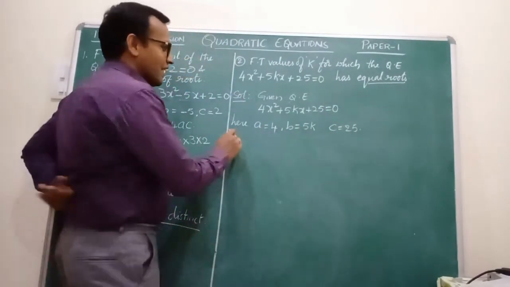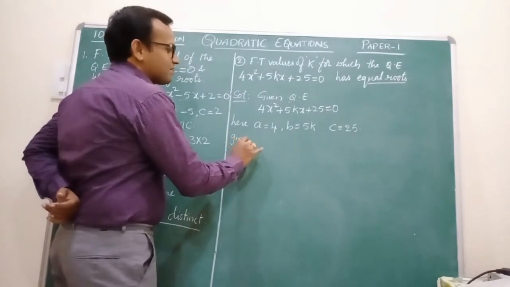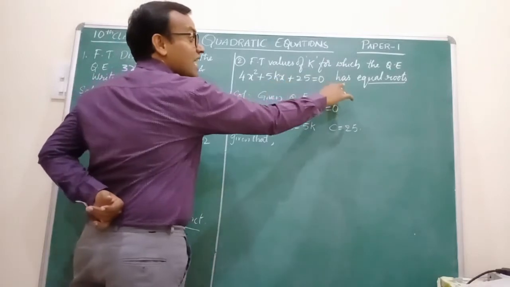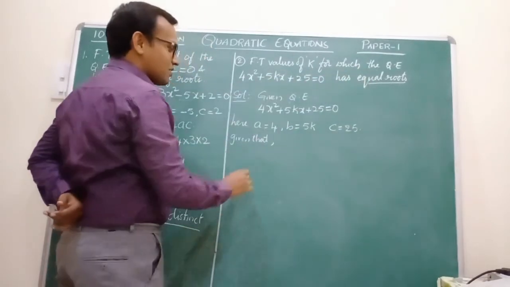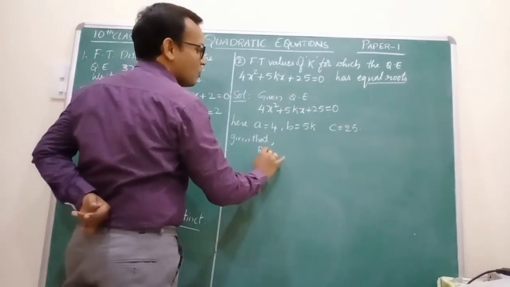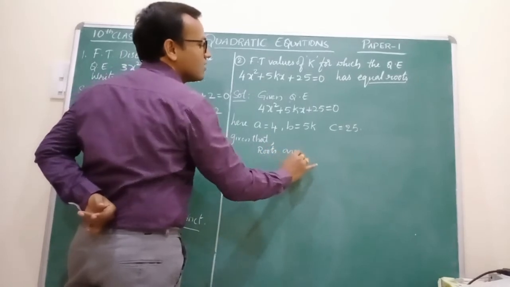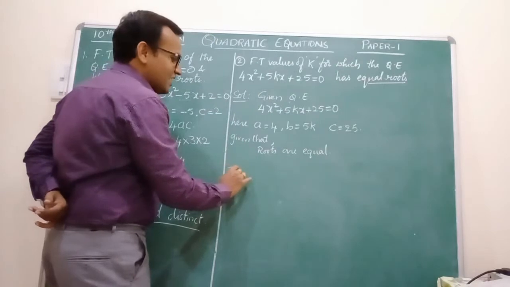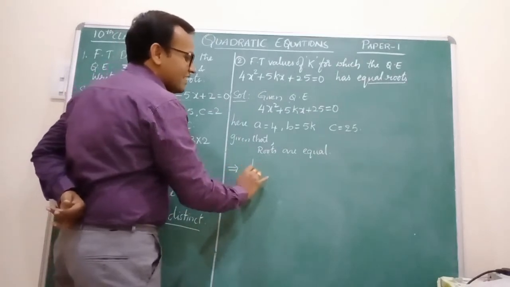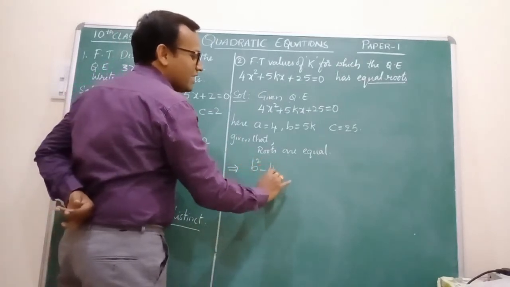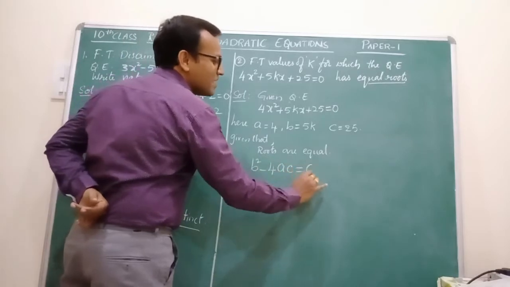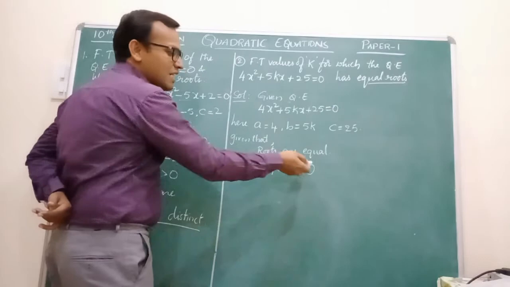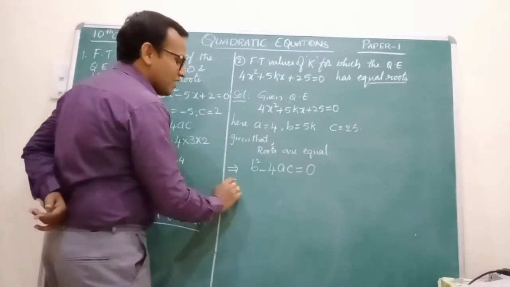What is given in the problem? The equation has equal roots. If roots are equal, what is the condition that arises? Discriminant b square minus 4ac must become 0. Now substitute the values.